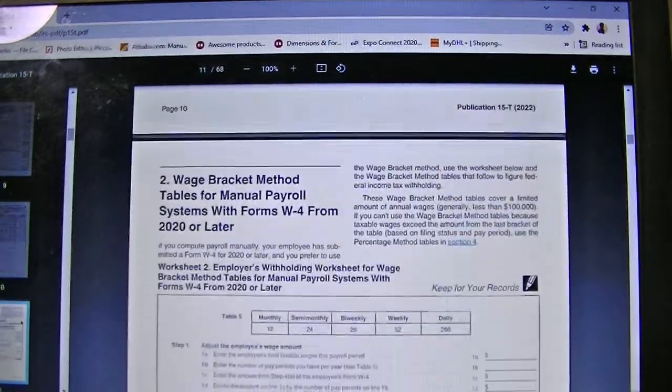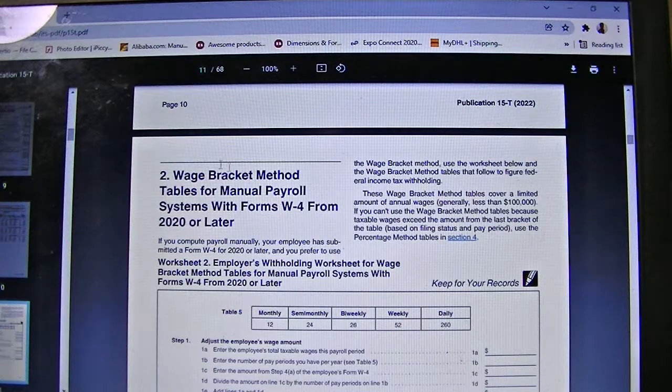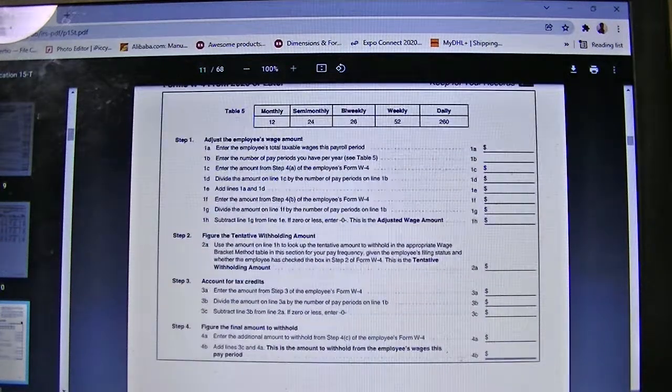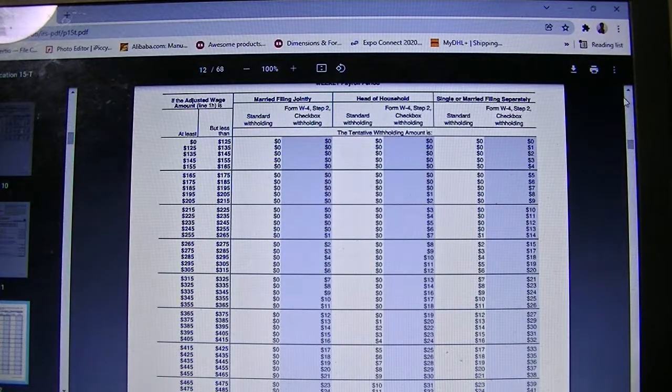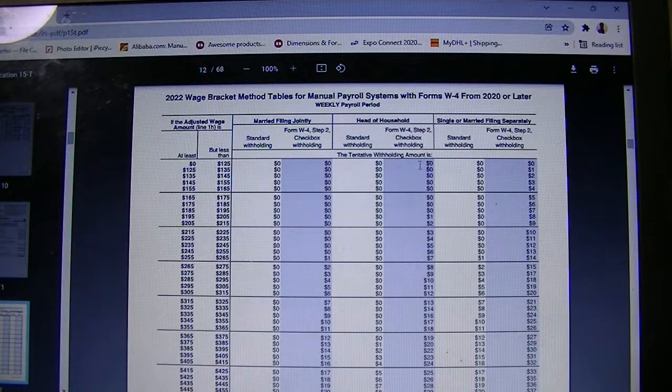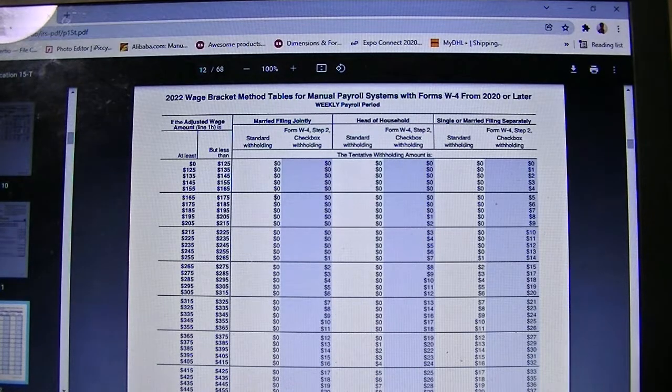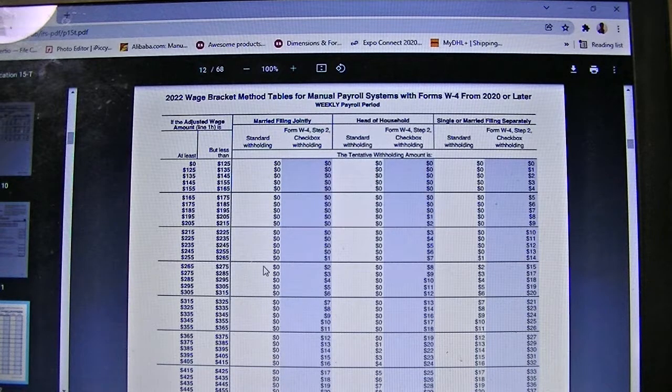You can also use, if you have employees that you pay on a regular basis, the wage bracket method table for manual payroll system with Form W-4 from 2020 or later. And depending on how you pay, if you pay weekly, it's just giving you the dollar amount, not a percentage.